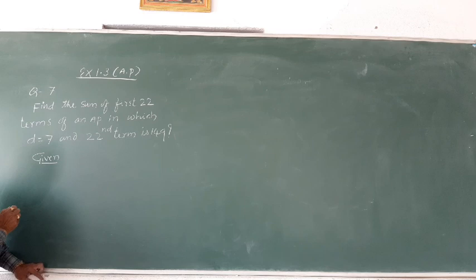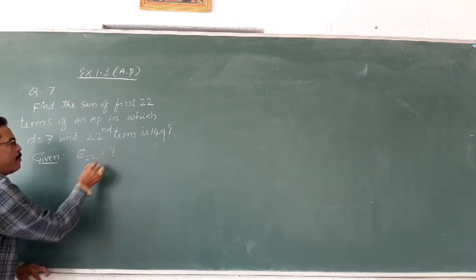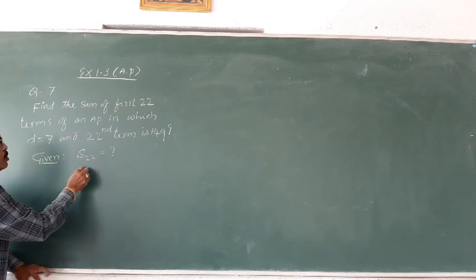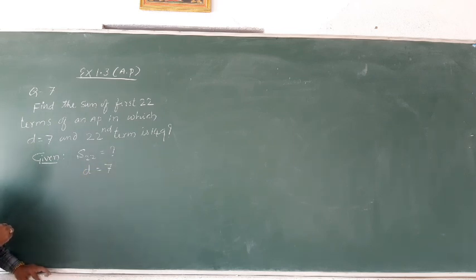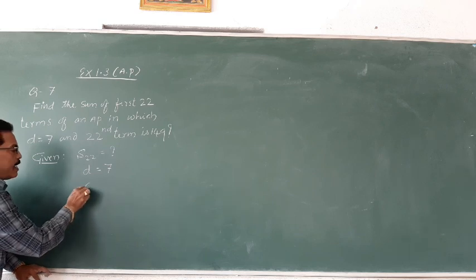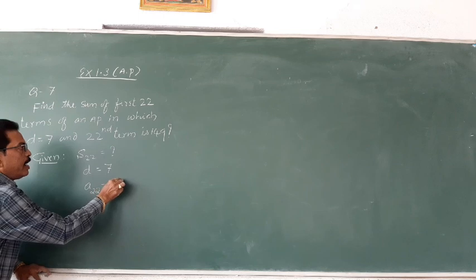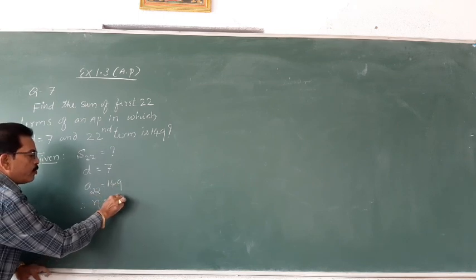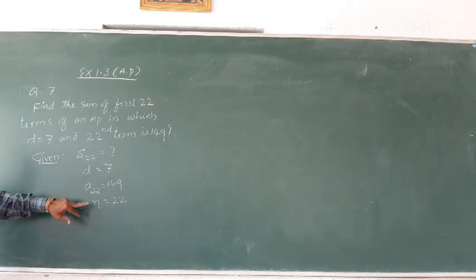S22 equals question mark. d they have given 7 and 22nd term is 149, that is a22 equals 149. Therefore n equals 22. They gave n indirectly, that is 22nd term, that means n equals 22.